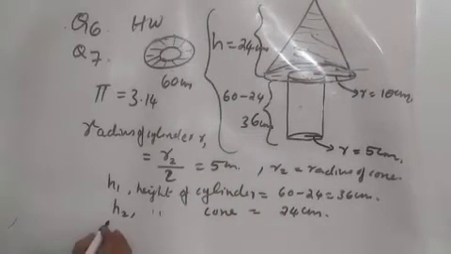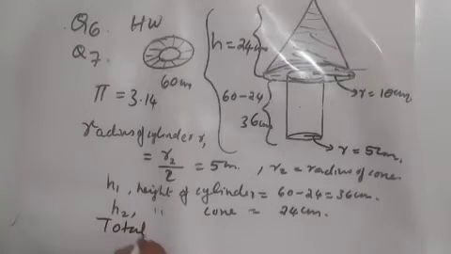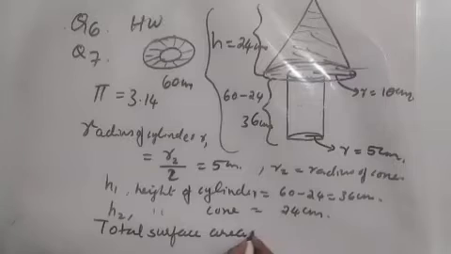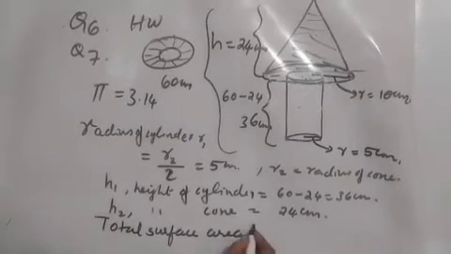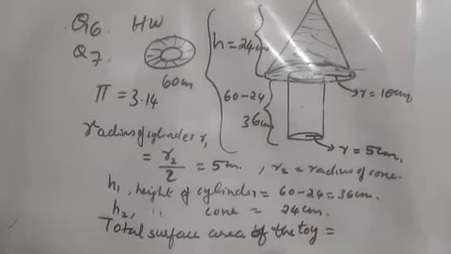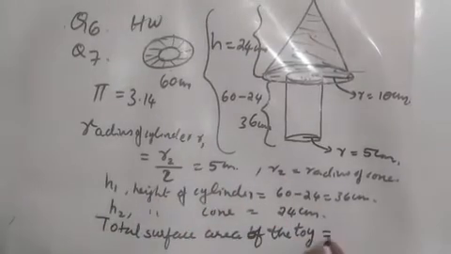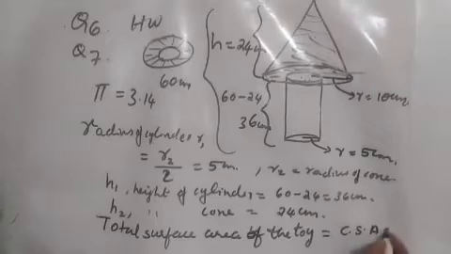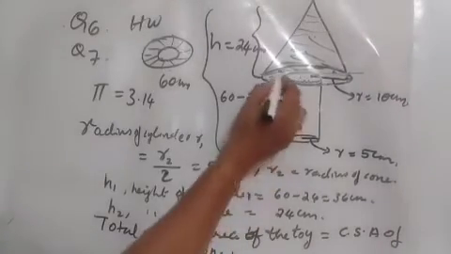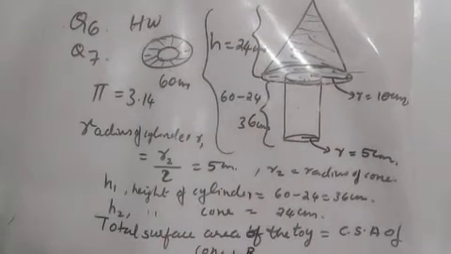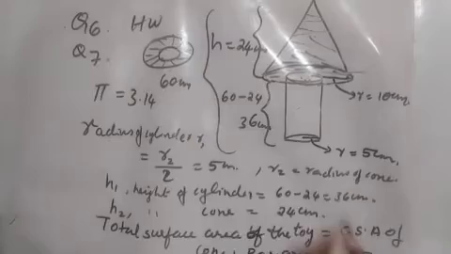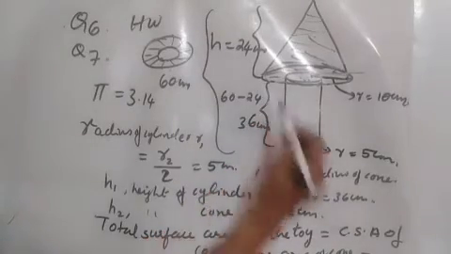So what is the total surface area? Total surface area of the toy equals CSA of cone plus base area of cone minus, we want to minus this common part, no?